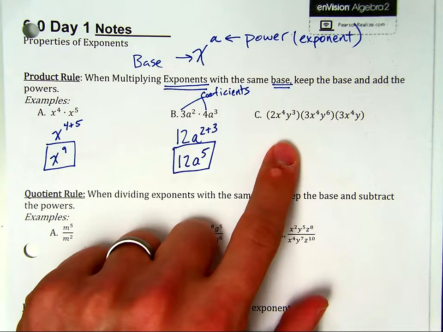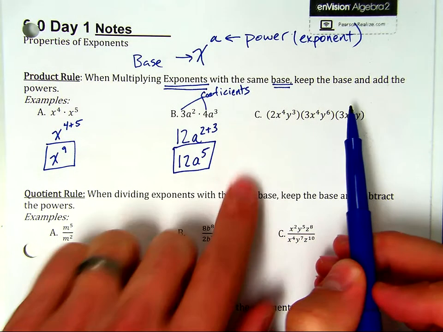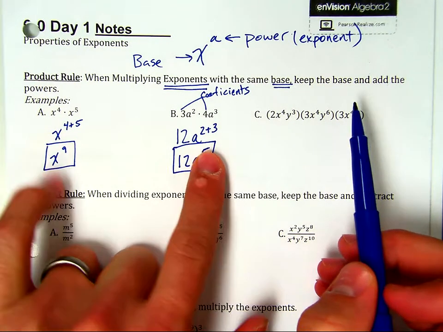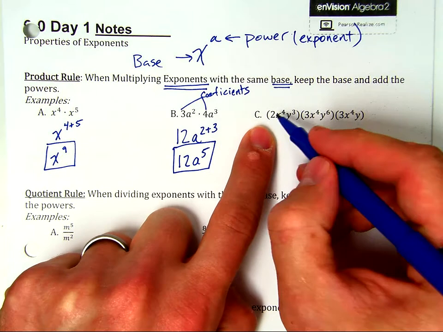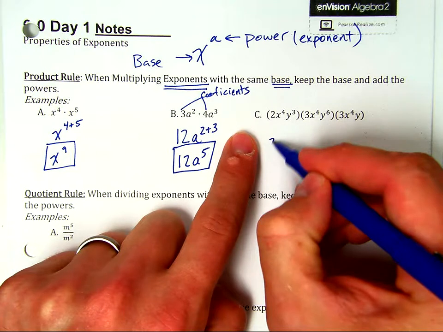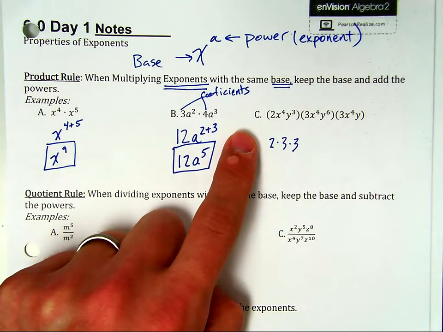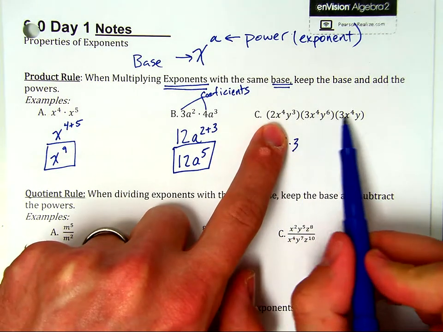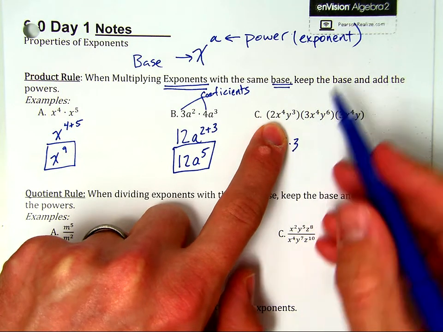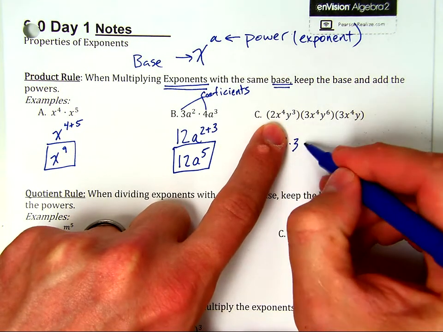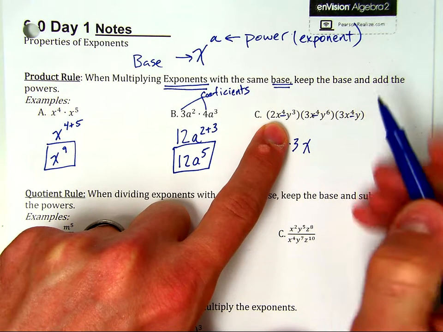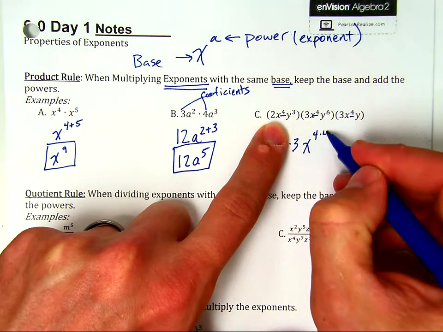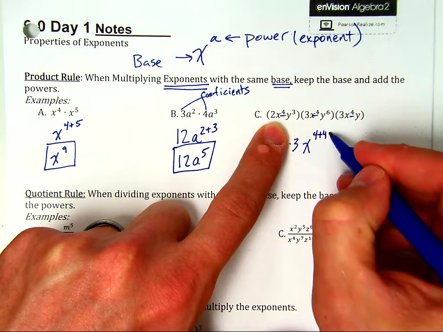For C, we have 3 expressions, so we do the same concept here. We take all of the coefficients and we multiply them. So that's 2 times 3 times 3. Now notice that we have 2 variables here. So I'm going to keep the base for the x, and I'm going to add all of the exponents on the x, which is 4 plus 4 plus 4.